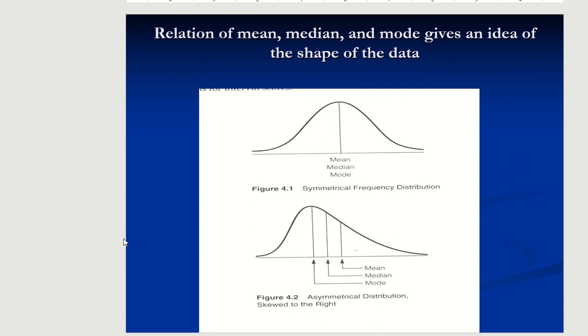Meaning, if you're told that in an exam the average is 70 but the median is 65, since the mean is larger than the median, this indicates that the data is positively skewed. It means you have a few students that scored extremely high on the exam.